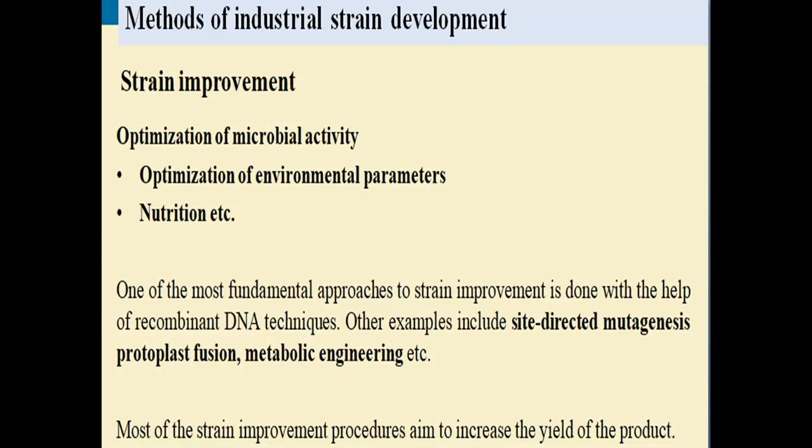So how do you handle that? You make some alteration in its genome in such a way that it will withstand that acidic medium, so that it will grow. Such kinds of alterations you have to make to the bacterium or the fungi for optimum production of your product of interest.